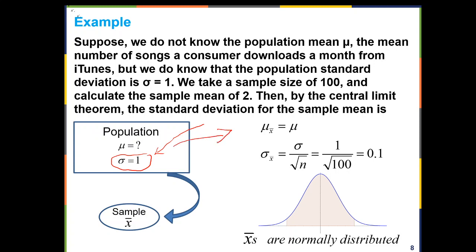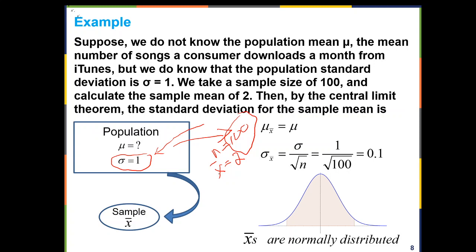We take a sample of a certain size, let's say 100, and we calculate X bar to be 2. Now, is the average number of songs that consumers download from iTunes equal to 2?